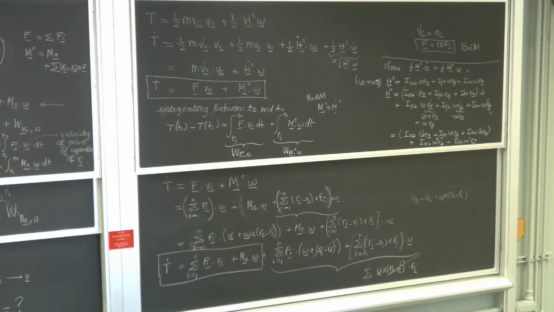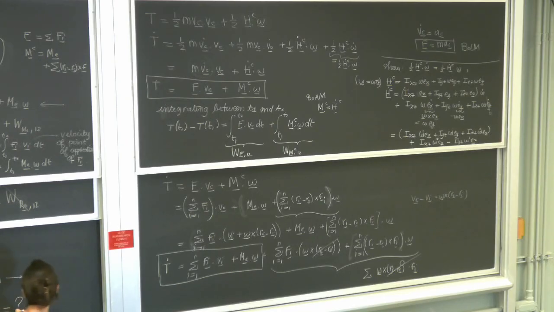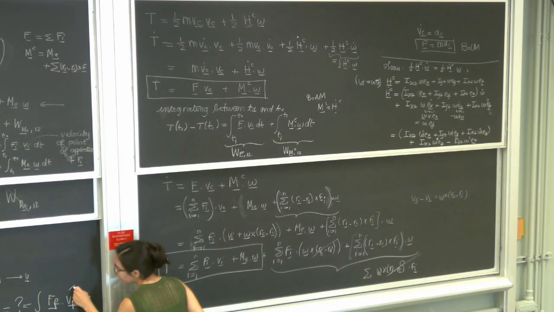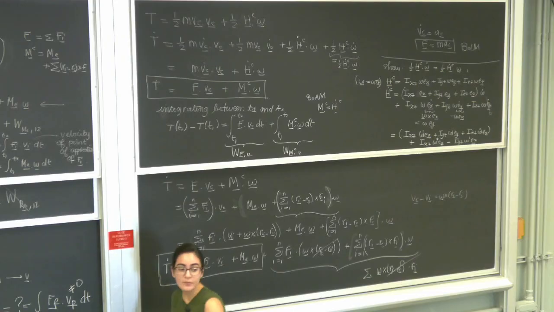Since the cylinder is rolling without slipping on the truck, the velocity of point P is the same as the velocity of the truck. So then, is the work of the friction force 0? No. It's the integral of the friction force dotted with Vp, and Vp is not 0, right? So this answer is going to be non-zero.